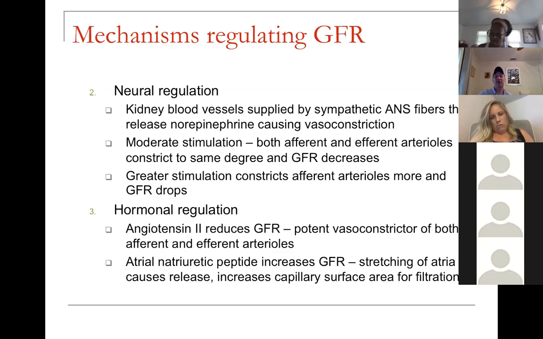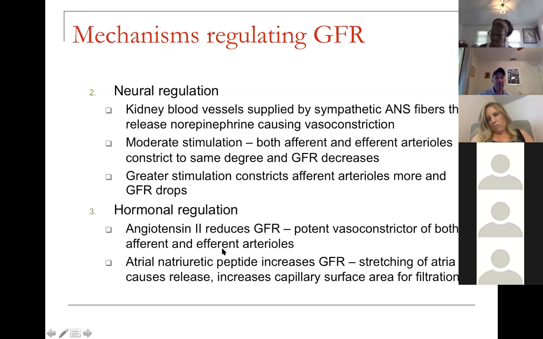We skipped over the renin, the angiotensinogen to angiotensin 1, and angiotensin 1 gets to angiotensin 2. But look, there's our angiotensin 2. Okay, so even though we may not have directly said we activated the RAA pathway, somehow we made angiotensin 2, and now we can cause vasoconstriction at both afferent and efferent arterioles.